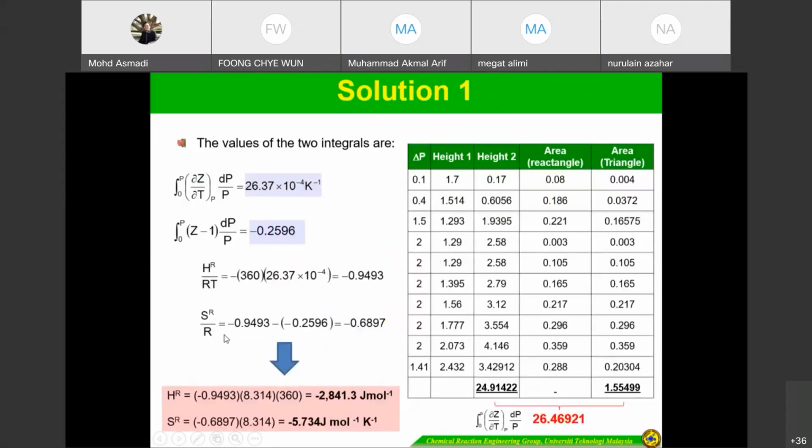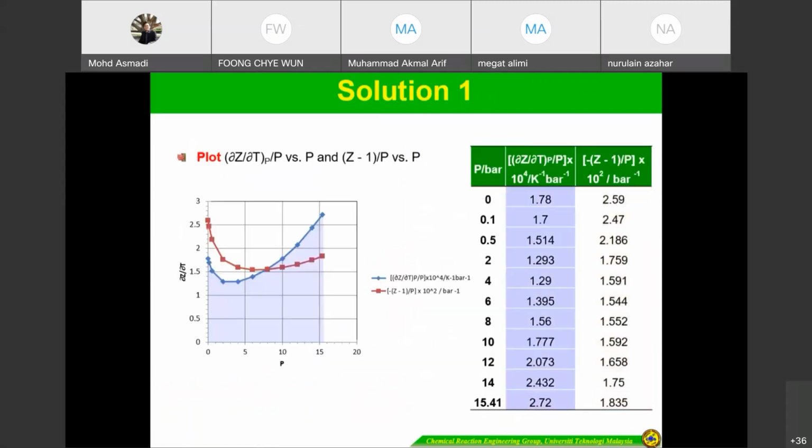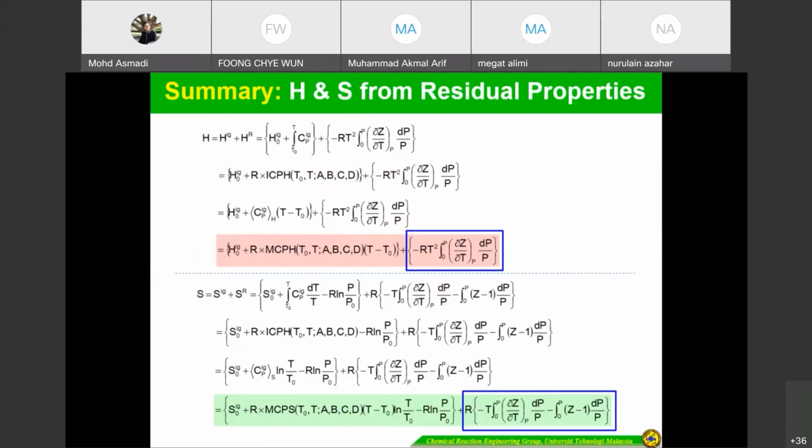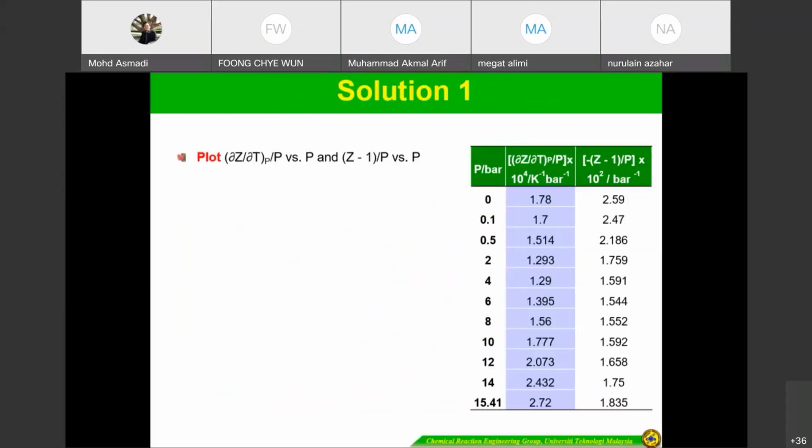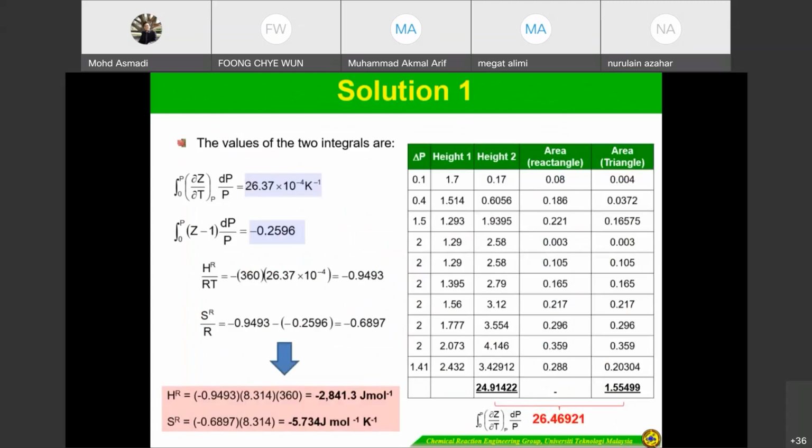Once you determine HR and SR, you can substitute into these equations, and then you just calculate, and also SIG and HIG. HIG is from the table, if you remember, from the appendix. So you can calculate the real enthalpy and also real entropy. Any questions about this method? Do you want to use this method for the calculations?